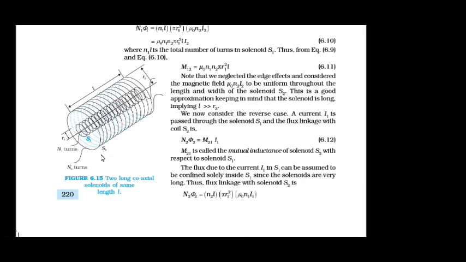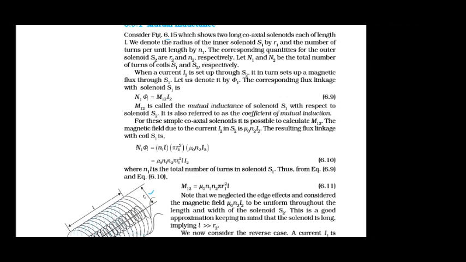One is the bigger one, S2, and the inner one is S1. Number of turns in S1 is N1, number of turns in S2 is N2. The radius of the small solenoid is R1, the radius of the bigger solenoid is R2, and this is the figure.